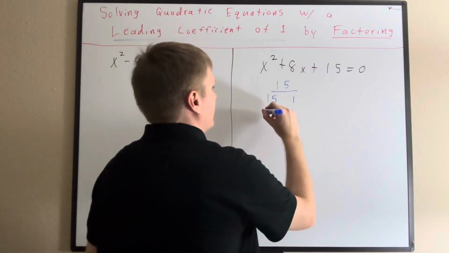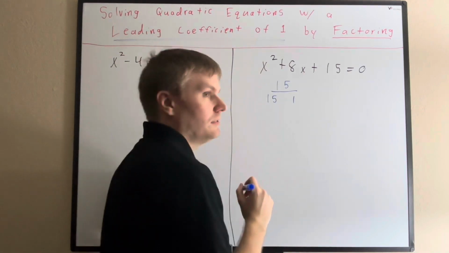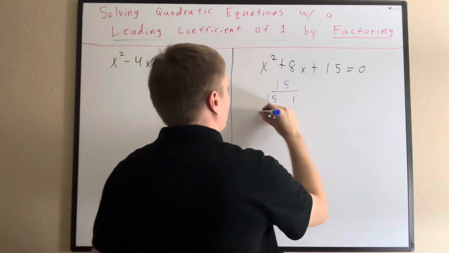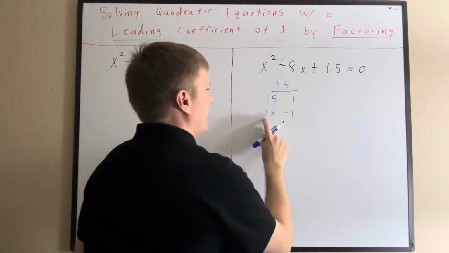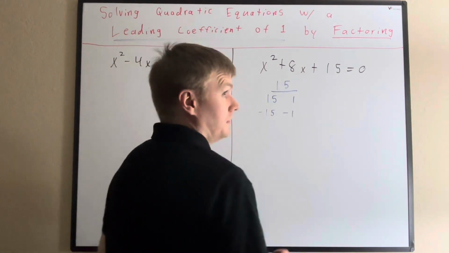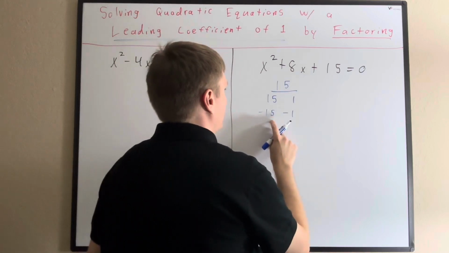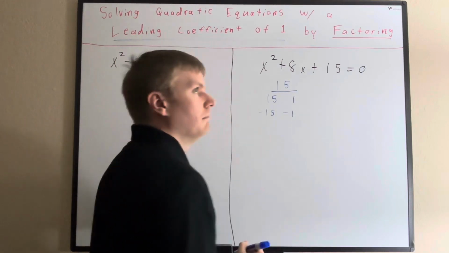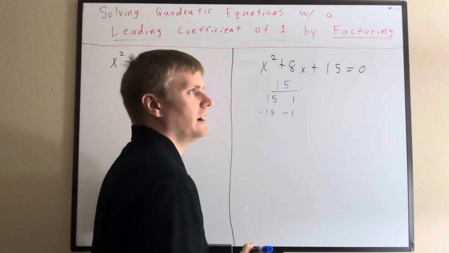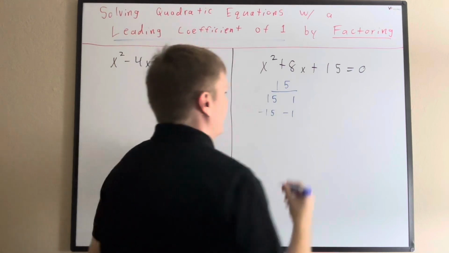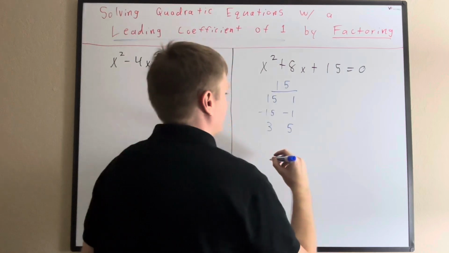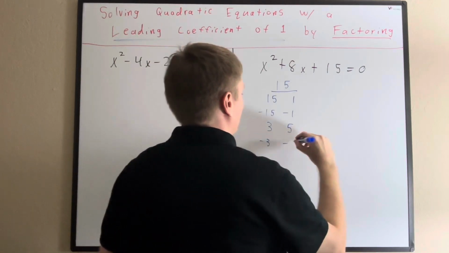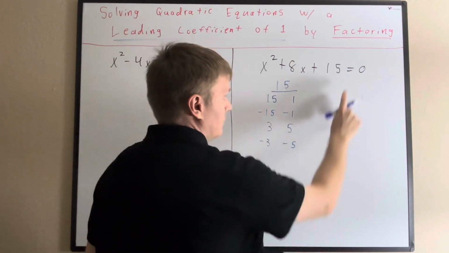Maybe there is a variation on that. Can we do both of them negative? Absolutely. -15 times -1 is still positive 15, right? So what else we got? 3 and 5, I think that's it. +3, +5, and -3, -5, right? -3 times -5, positive 15.